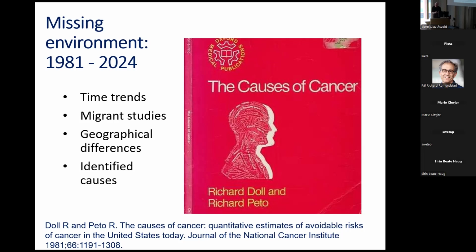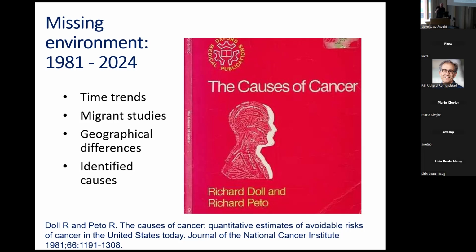And then finally, the environmental component could be known through identified causes of disease that have been unequivocally proven, which in terms of cancer in 1981 was basically smoking. That was by far the major contributor of identified causes.